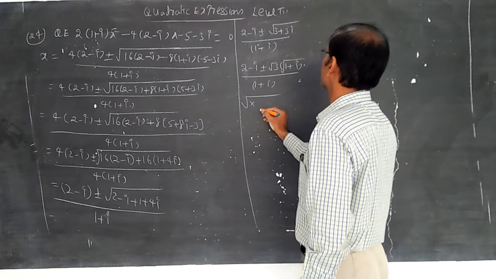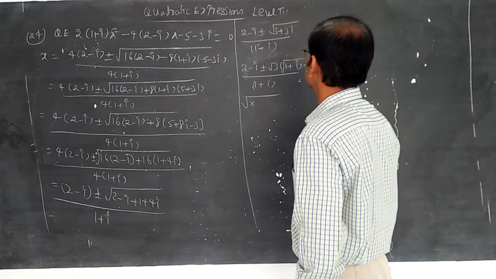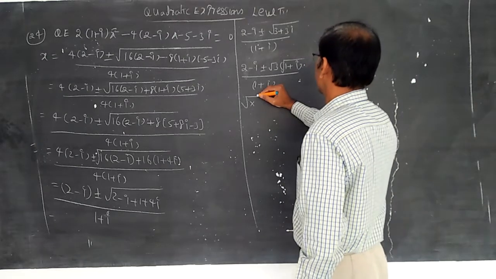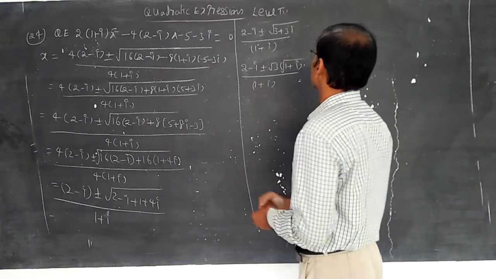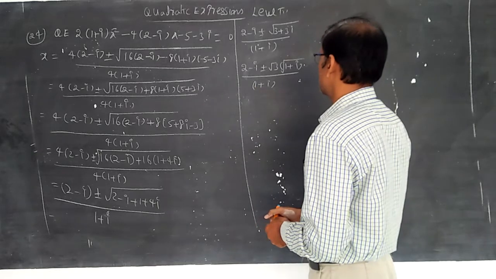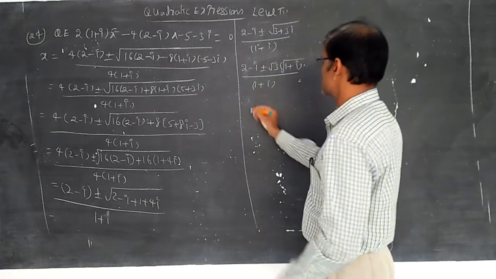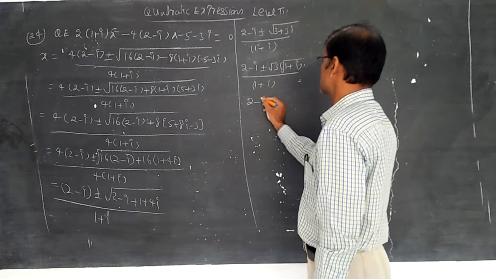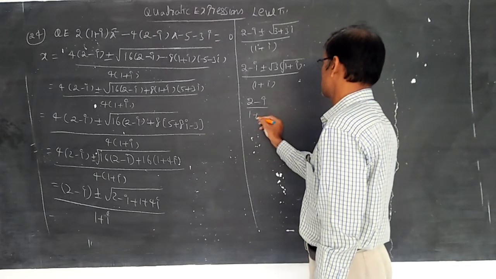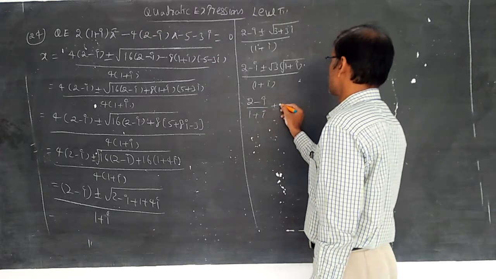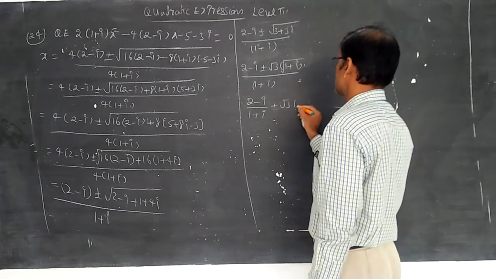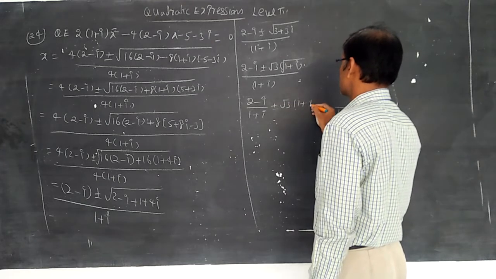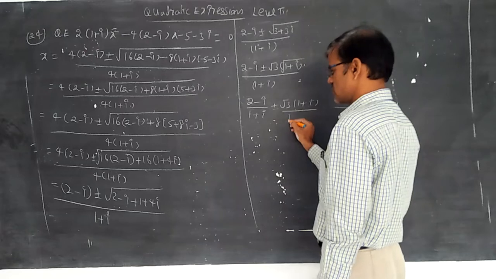Root of 1 plus i, plus i by 1 plus i. We can write 2 minus i by 1 plus i plus or minus root 3 into 1 plus i by 1 plus i.